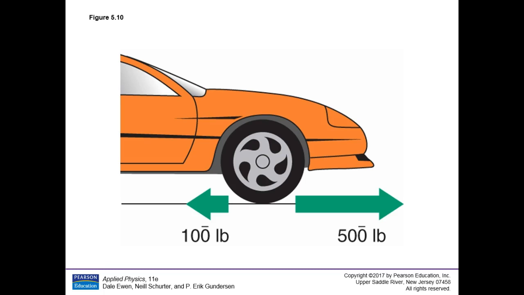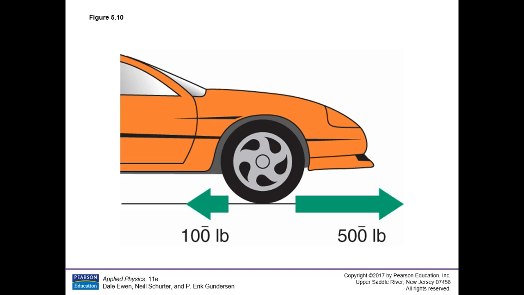Now, this is not an illustration of action-reaction because they're different. What this is saying is that the net force this way, of the ground pushing on the tire, is 500 pounds. The frictional force that's trying to retard that motion is only 100 pounds. So this is going to be a net force of 400 pounds in this direction. That's not action-reaction.